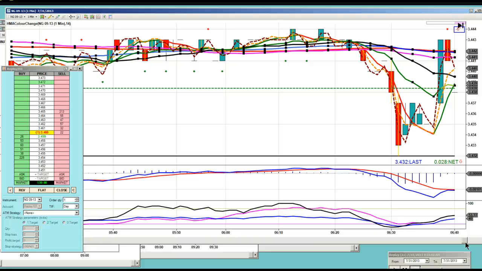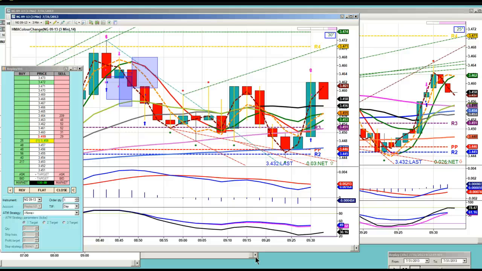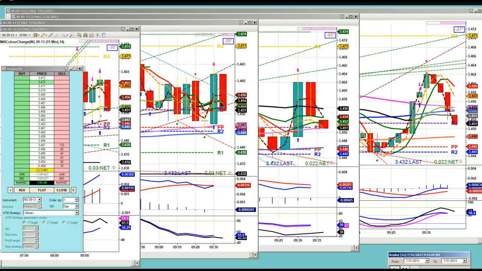So now that we've hit the fractals on the 1 minute chart, we're doing a gap trade, right? We're coming down and we're doing a gap trade short. Notice that the 3 minute never crossed the 50. The 5 minute is still resistance. The color of the 13 EMA is dark green on the 5 minute chart. Therefore, it's resistance. It's not light green.